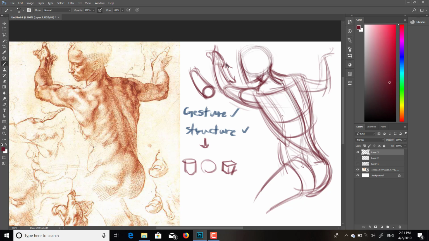And there's another point which could be helpful. Its name is foreshortening. How to tell the viewer that this part has a kind of perspective.